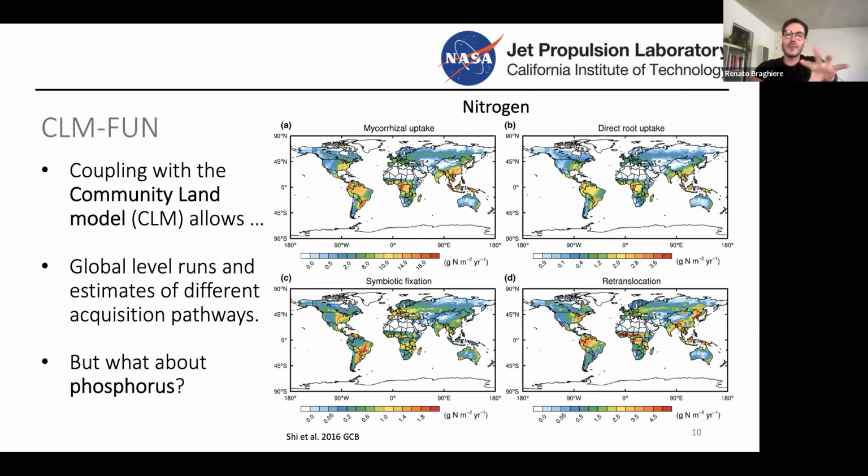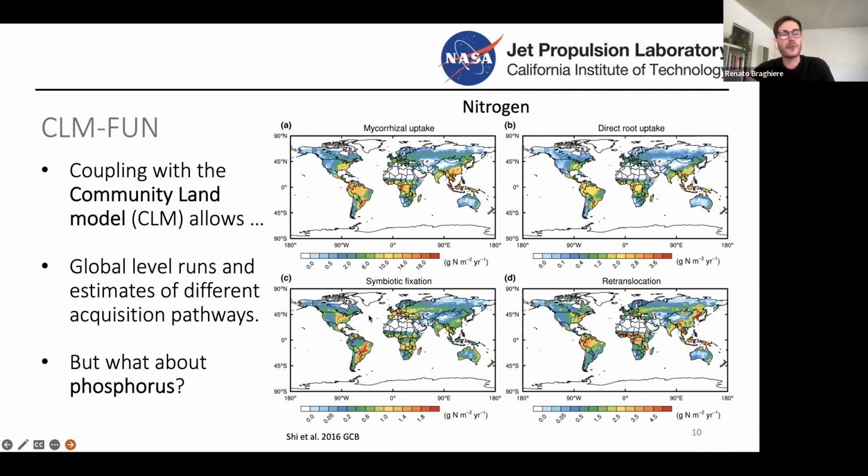So when we couple this model into an Earth system model, we can actually get these global maps. And these global maps were quite rare. It's very rare to find a global map of mycorrhizal uptake versus direct root uptake. And so now it's interesting to see these global patterns here.